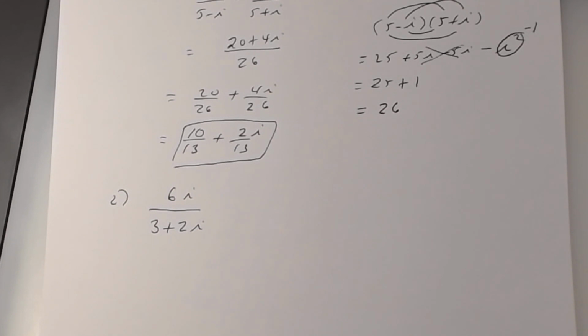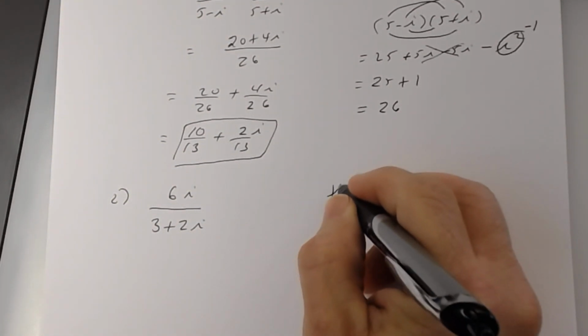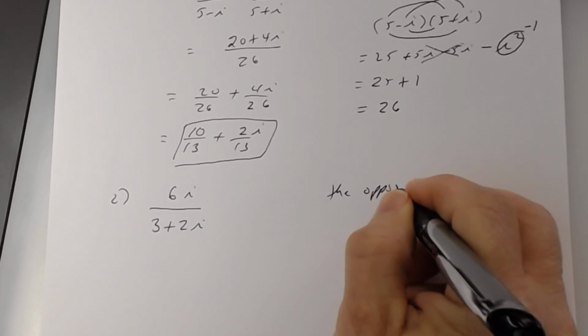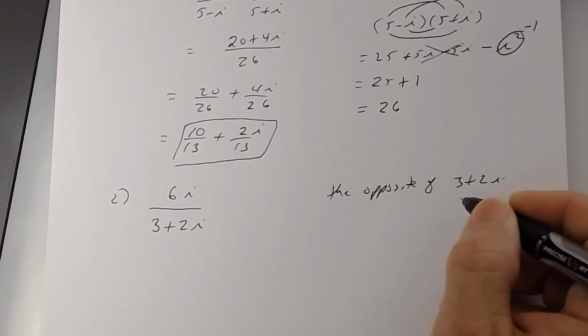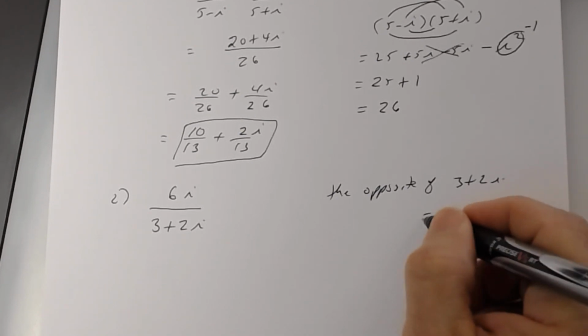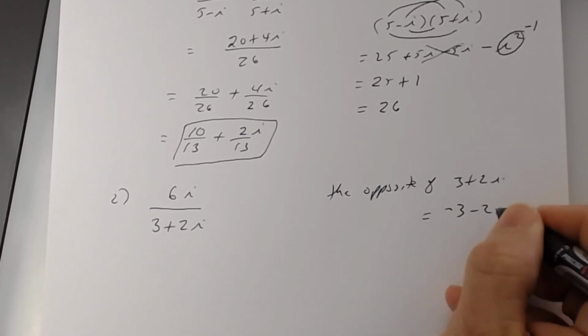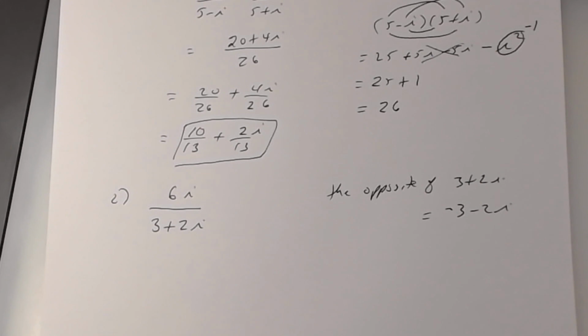So what's the process you're going to use to get rid of that i in the denominator? Multiply the numerator and the denominator by the opposite. No, I don't use the word opposite, because the opposite of 3 plus 2i is where all the signs of the terms change. That's negative 3 minus 2i, which is not correct.